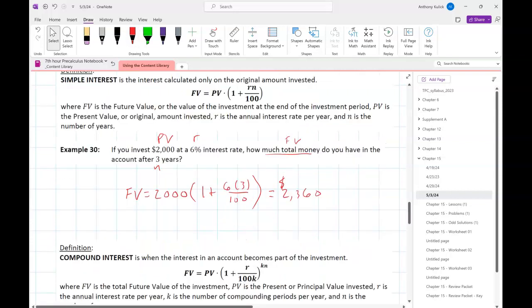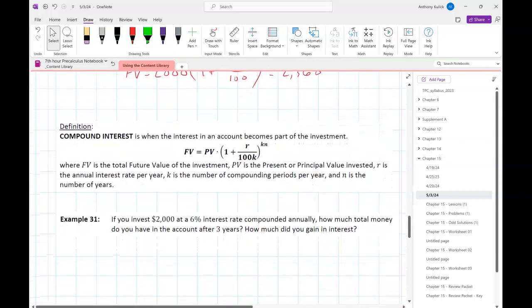Now, what happens much more frequently is we use compound interest, where the interest payment isn't based on your initial investment. It's based on the current value in your account. So if we go back to that example of having $100, 5% every year, if it's compound interest now, the first year you get $5 in interest.